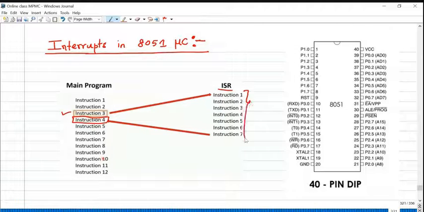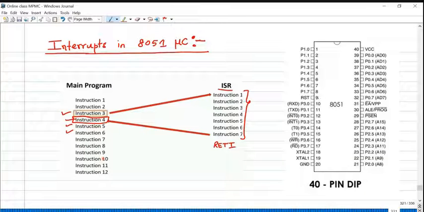Once all the instructions in the interrupt service routine are completed, we have to put here RETI, return from interrupt. This is only one instruction. Then the controller fetches the next instruction address from the stack memory and starts executing the normal sequential operation. So this is what happens whenever an interrupt occurs.